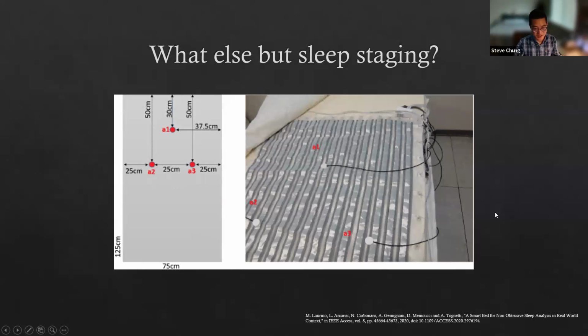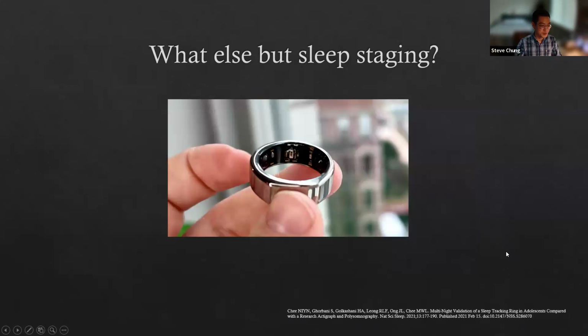Some are also described as a degree of ballistocardiogram, determining your EKG or heart rate and the artifact going across these pressure systems to determine apneic events and things like that. And something we're pretty familiar with here is the wearable Oura Ring, which determines sleep with its circadian and actigraphy tracking.